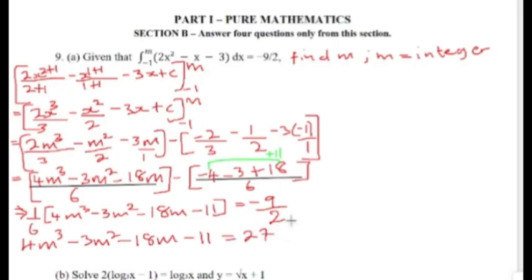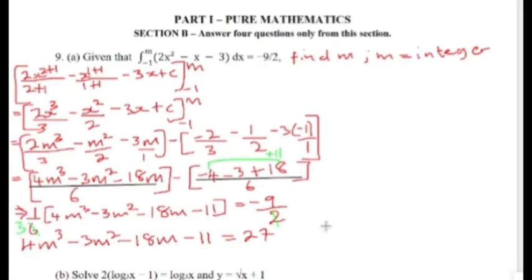Now, where are these values coming from? What I'm basically doing is cancelling out. These two cancel out this 6 here. It becomes 3. So what I really have here is 1 over 3 of the bracket equals minus 9 because the 2 has been cancelled out.